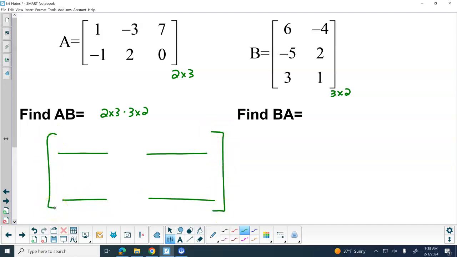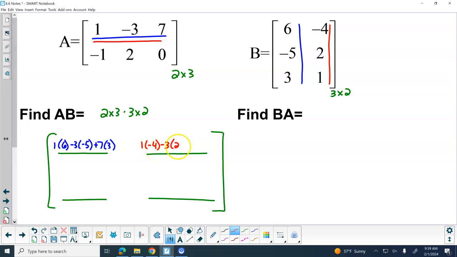I'm going to take the first row times the first column. That's 1 times 6 minus 3 times negative 5 plus 7 times 3. Then the first row times the second column: 1 times negative 4 minus 3 times 2 plus 7 times 1.